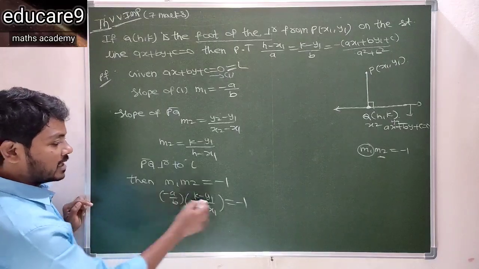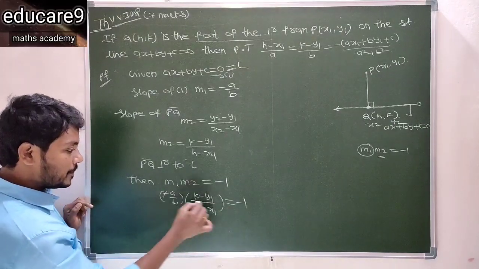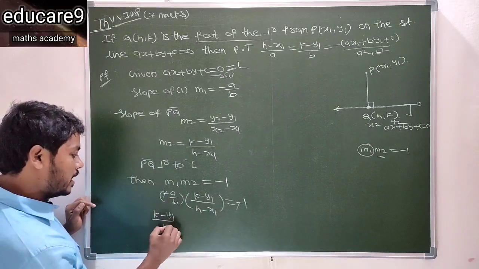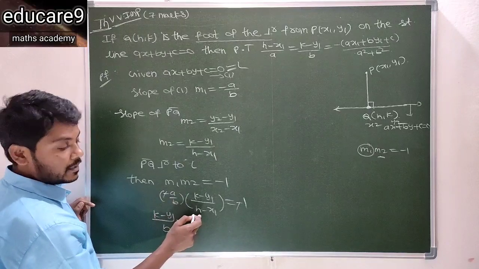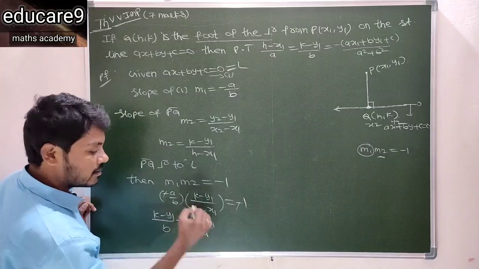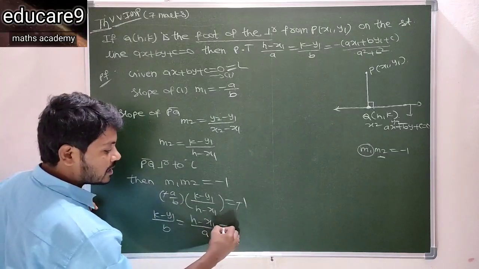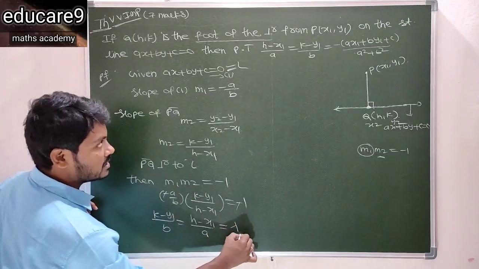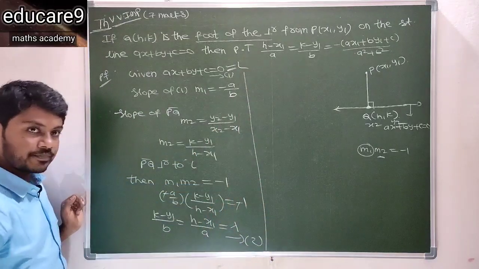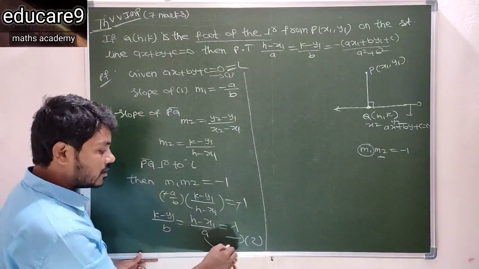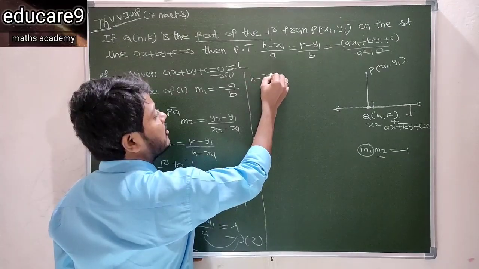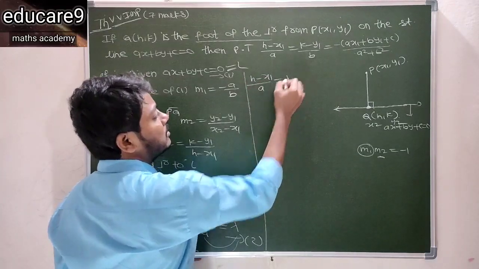Now here minus minus gets cancelled. Now this is k minus y1 by b. So sending a to the right side, it becomes h minus x1 by a. Suppose this is some lambda. So this is equation 2. Now equating these two and these two, what you get? h minus x1 by a equals lambda.